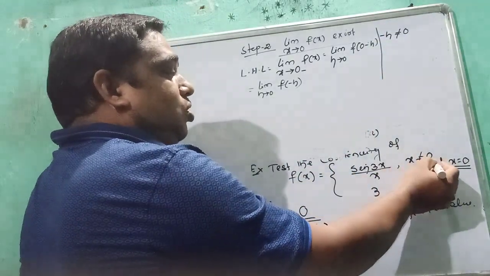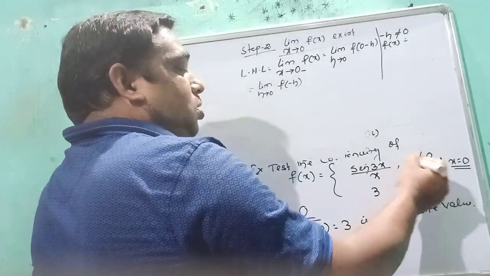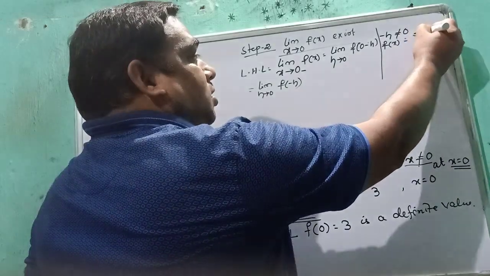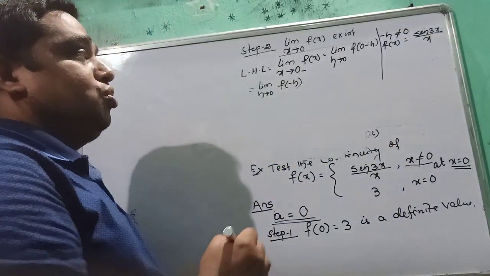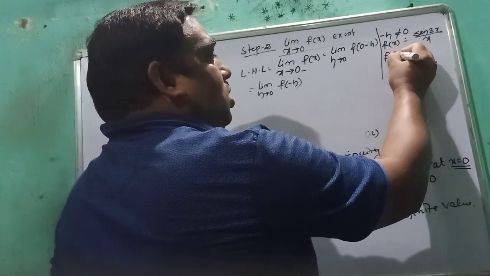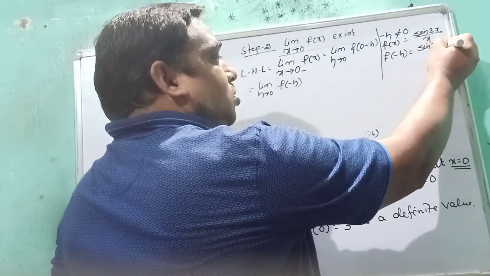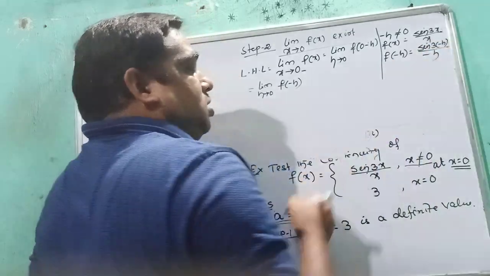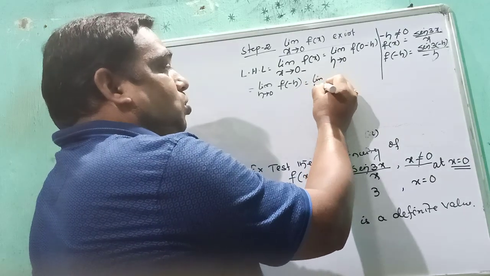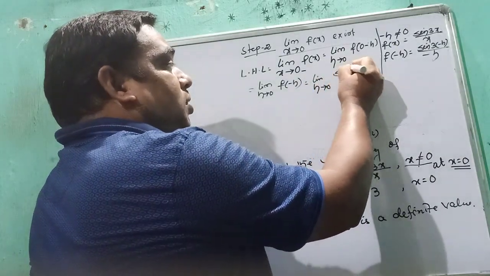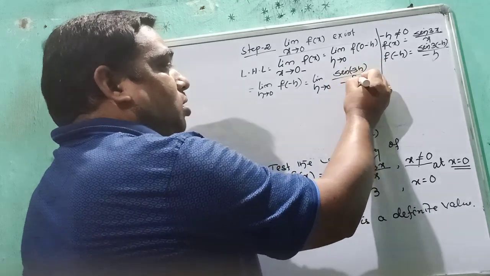Since minus h is not equal to 0, f(x) is sin 3x divided by x. So f(minus h) is sin 3 into minus h by minus h. So the value is limit h tends to 0 of sin of 3 into minus h, or minus 3h, divided by minus h.